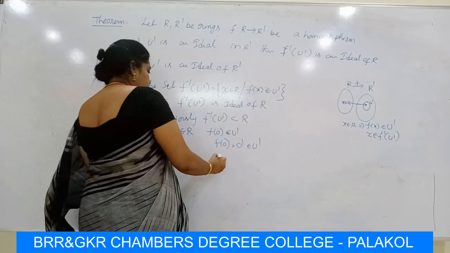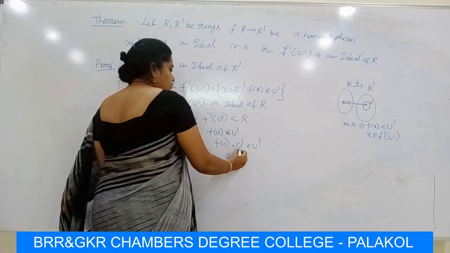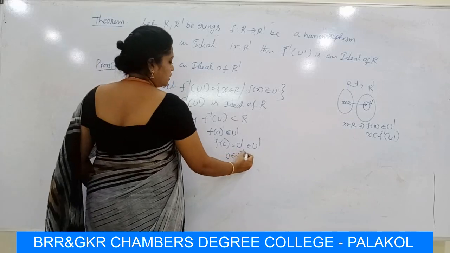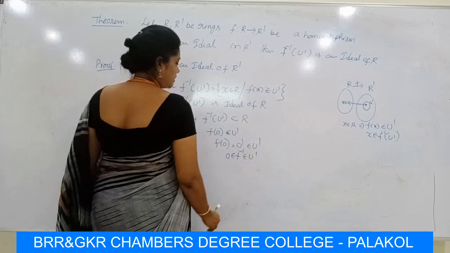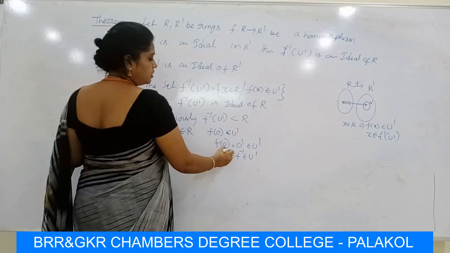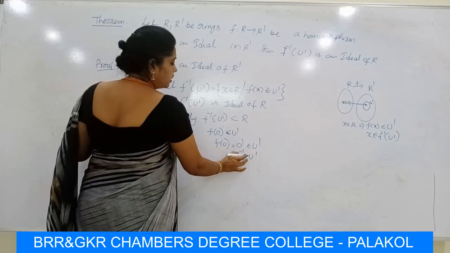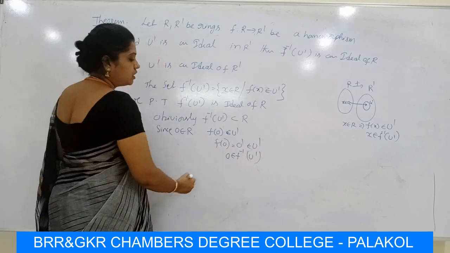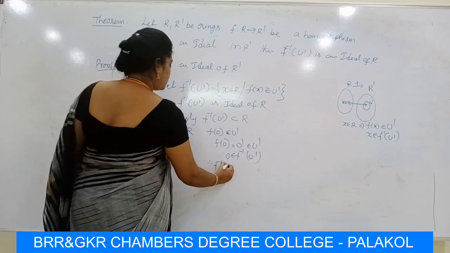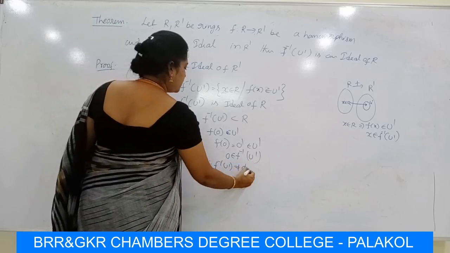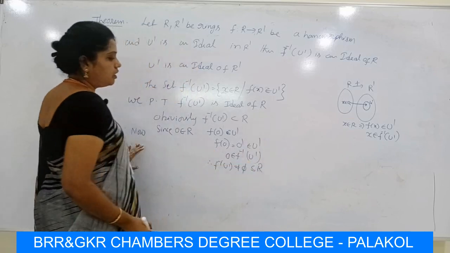So 0 belongs to f inverse of U dash. Therefore f inverse of U dash is a non-empty set and it is a subset of R.